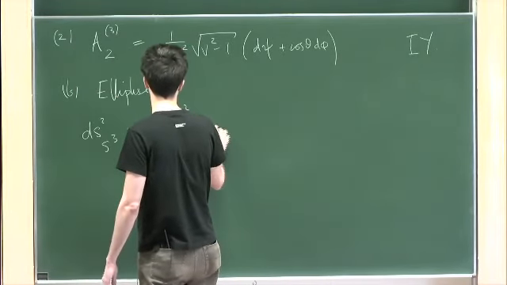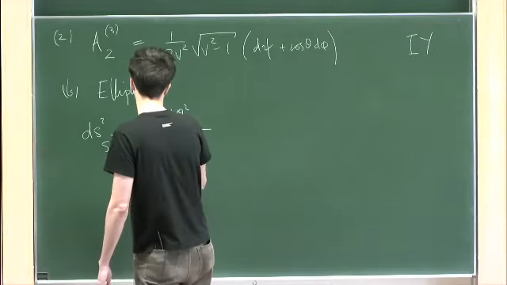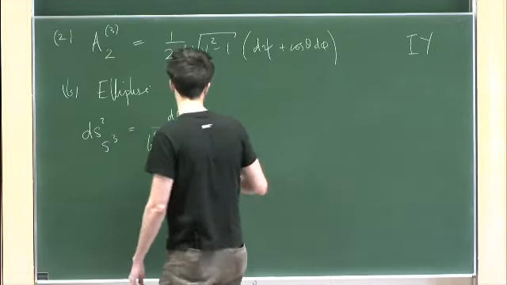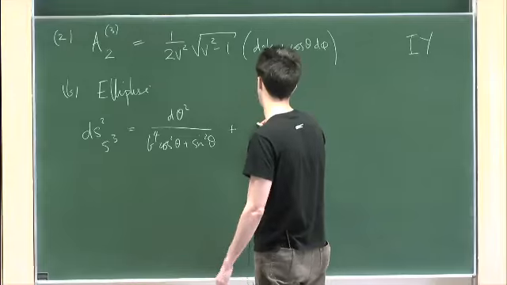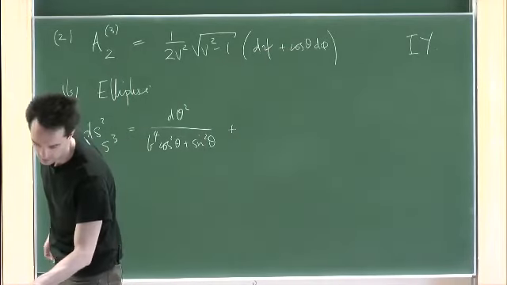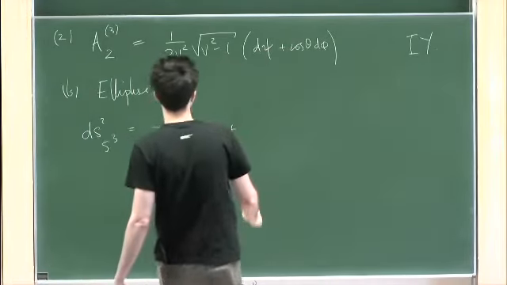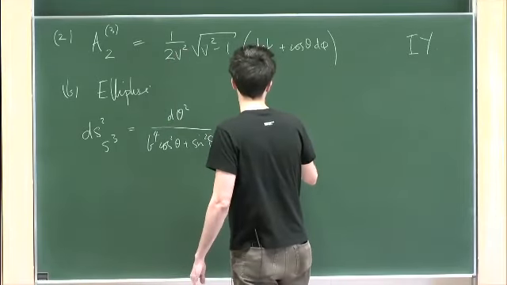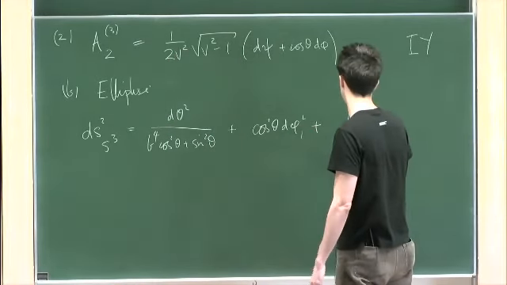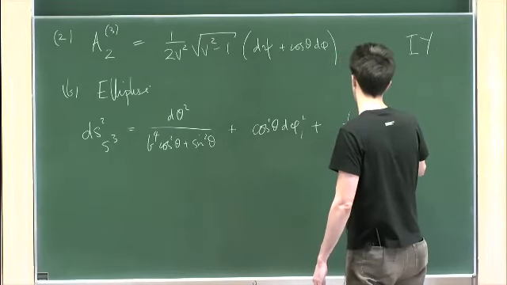It's in a rather different coordinate system. So I'll write out the metric. Actually, I don't remember which way around they are. Cos squared theta d phi 1 squared. So this is a different sort of coordinate system on S3.